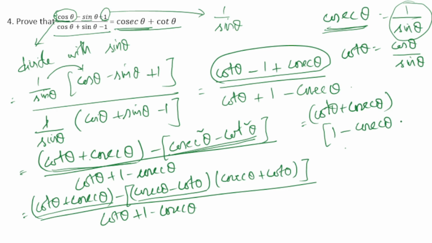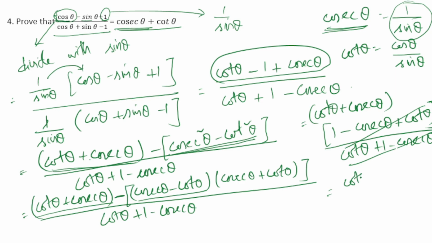So here minus is there. 1 minus of cosecant theta minus cot theta will be 1 minus cosecant theta plus cot theta. This will be divided by cot theta plus 1 minus cosecant theta. Here 1 minus cosecant theta plus cot theta and cot theta plus 1 minus cosecant theta both will be cancelled. So here we'll get cot theta plus cosecant theta. So this is what we have in the right hand side.